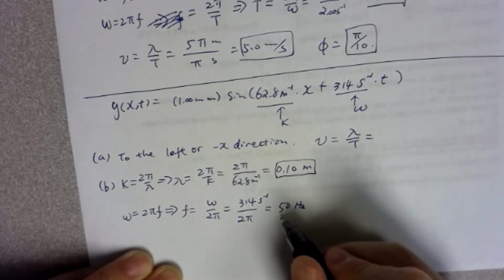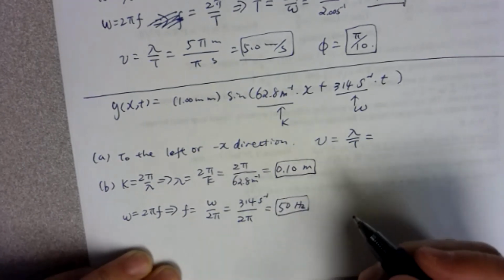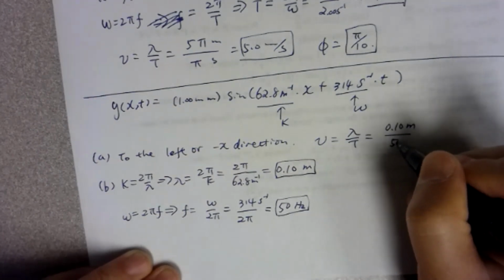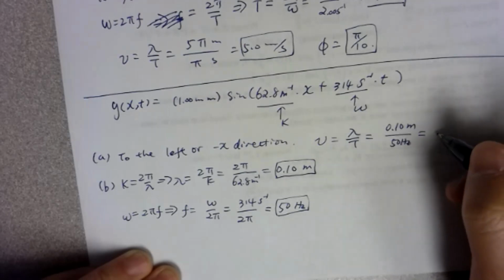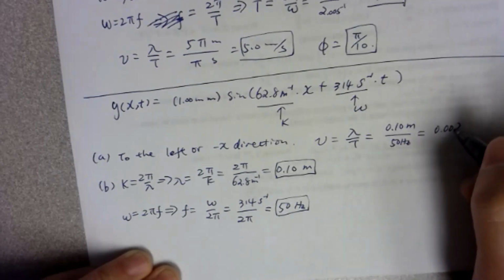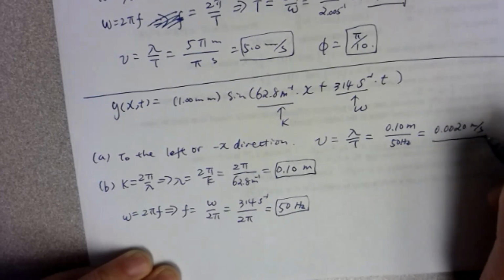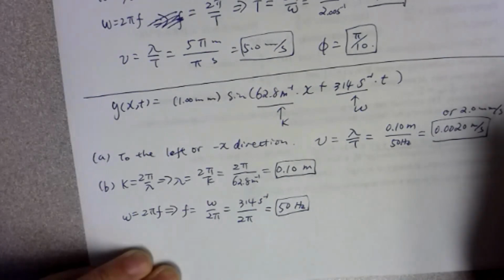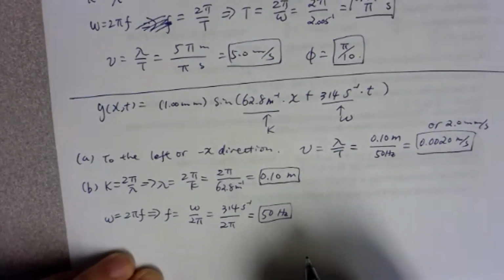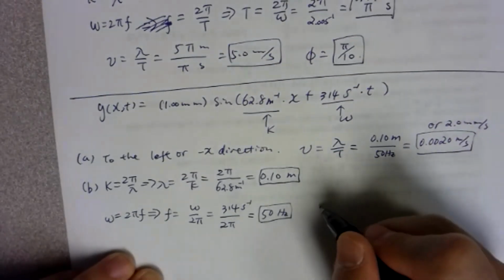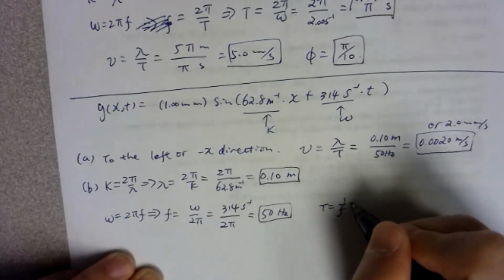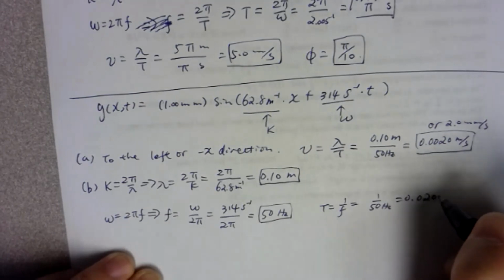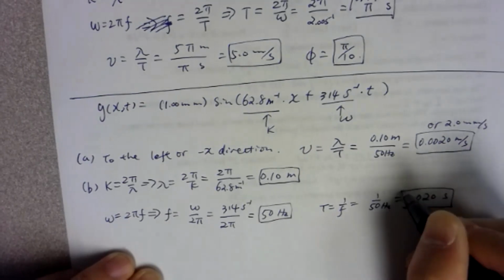Then the speed is 0.10 meters times 50 hertz, which is 5.0 meters per second. And the period T equals 1 over f, which is 1 over 50 hertz, 0.02 seconds.